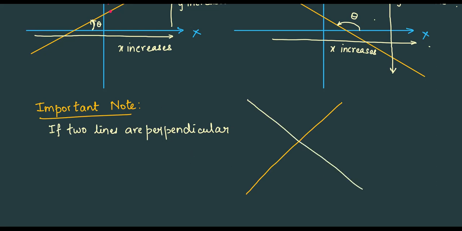Let's say this is the x-axis. Now, this angle is theta 1, which is acute. This angle is theta 2, which is obtuse.